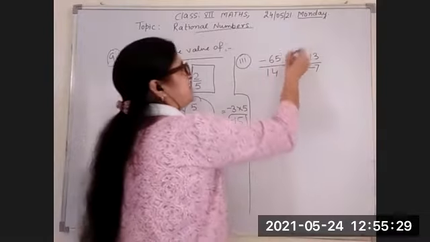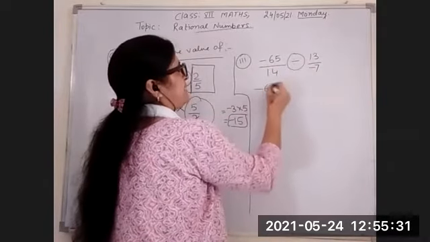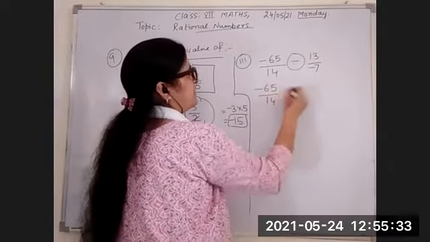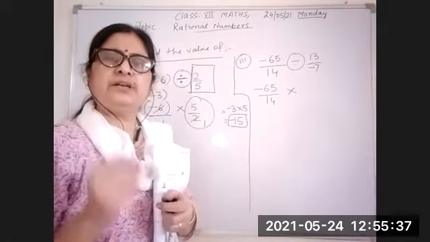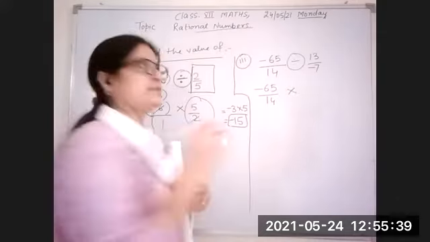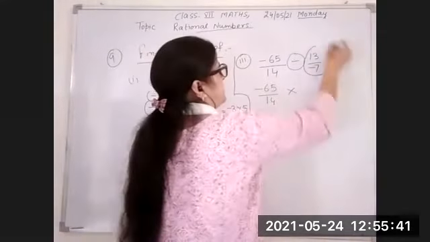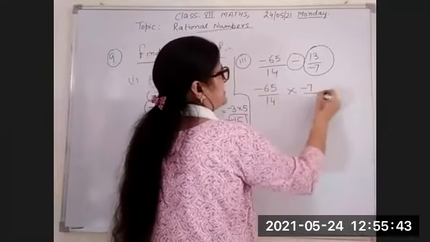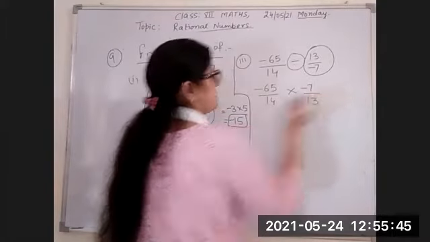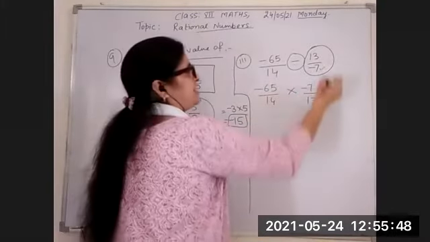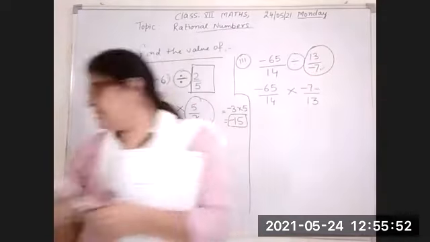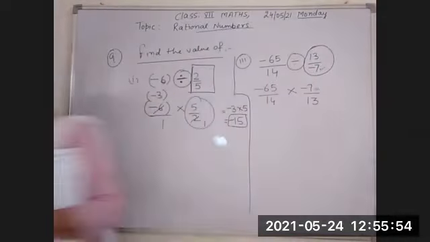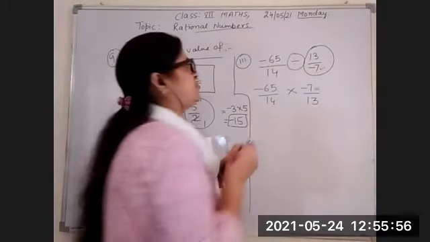When you have to convert divide into multiply, the number you have to take the reciprocal of, 13 upon minus 7, becomes minus 7 upon 13. The denominator becomes the numerator and the numerator becomes the denominator. In this question, which things do you have to change?